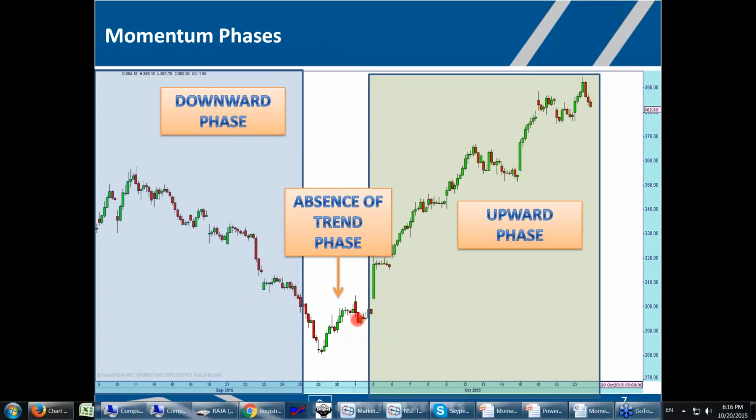This is the change in momentum. And then eventually, as price starts rising, there is a change in direction. So first there is a change in momentum, and then there is a change in direction.